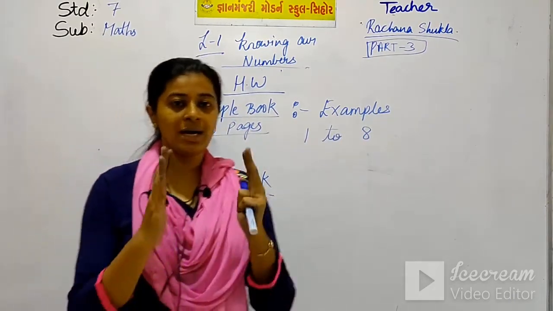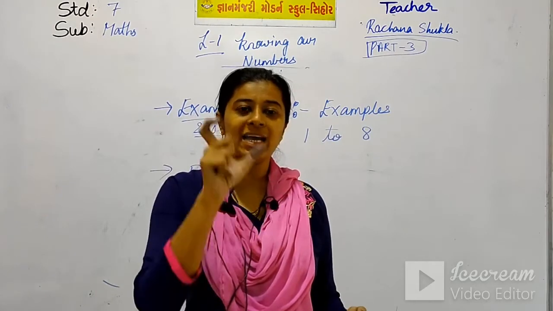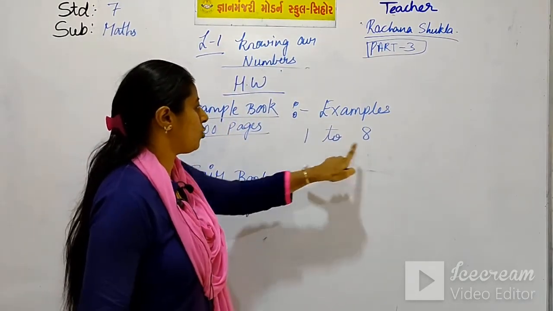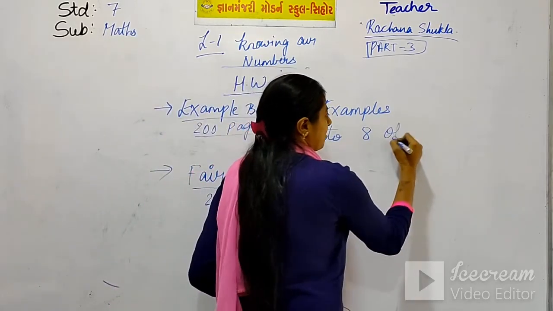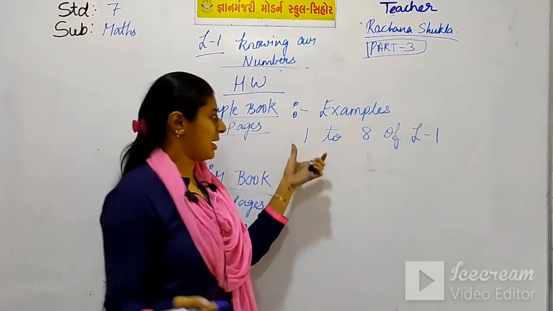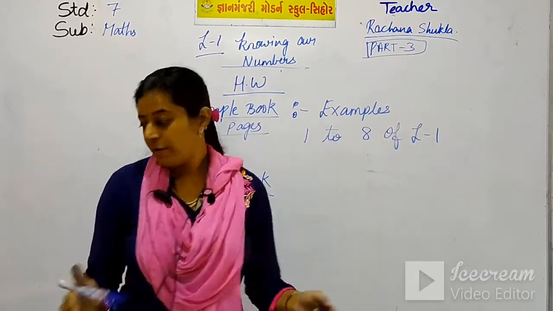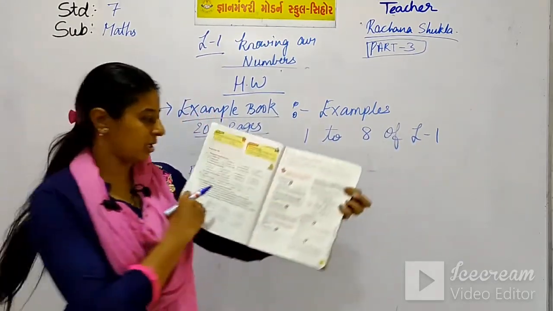So in the new example book, you will write the heading maths example book. You will write example 1 to 8 of lesson number 1 in your example book. You have your examples in your textbook. From your textbook, so look here.